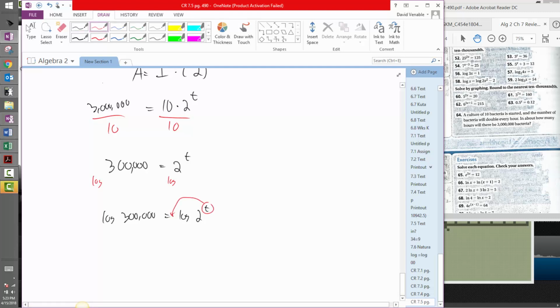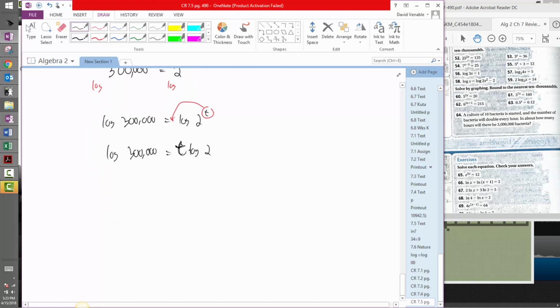Well, I want to bring the exponent down. So it's log of 300,000 is equal to t times log of 2. And so now I can divide by log of 2 on both sides, and that cancels out here.